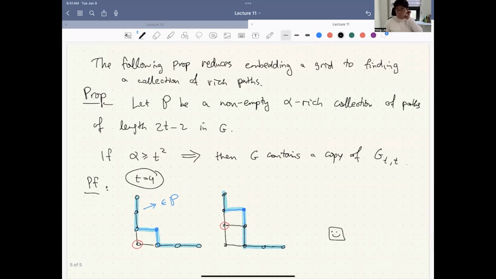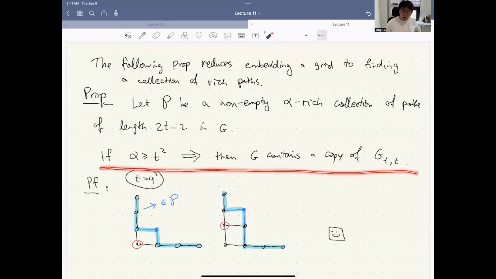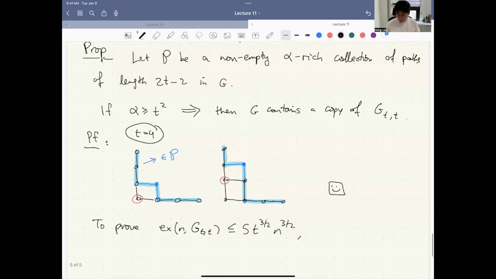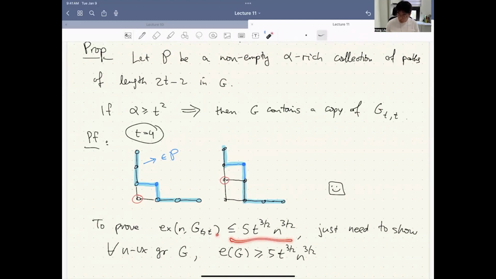So, all we need to do now to prove the upper bound is to show that for any n-vertex graph G, with the number of edges E of G more than 5t^(3/2) n^(3/2), we want to embed the grid.